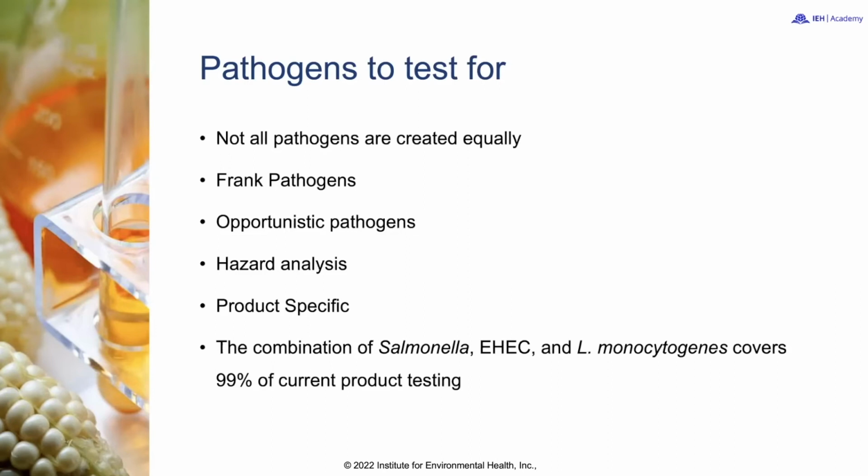So Salmonella, which we've mentioned several times, EHEC or enterohemorrhagic E. coli, let's just call it E. coli O157:H7 and its relatives, and also Listeria monocytogenes. Most of you have heard of Listeria monocytogenes. If you look at food product testing, 99% of current products are tested for one or all of these organisms. So that should help you decide. If you consider all of those factors, it should be fairly straightforward for you to decide what pathogen to test for. If we go to the next slide.